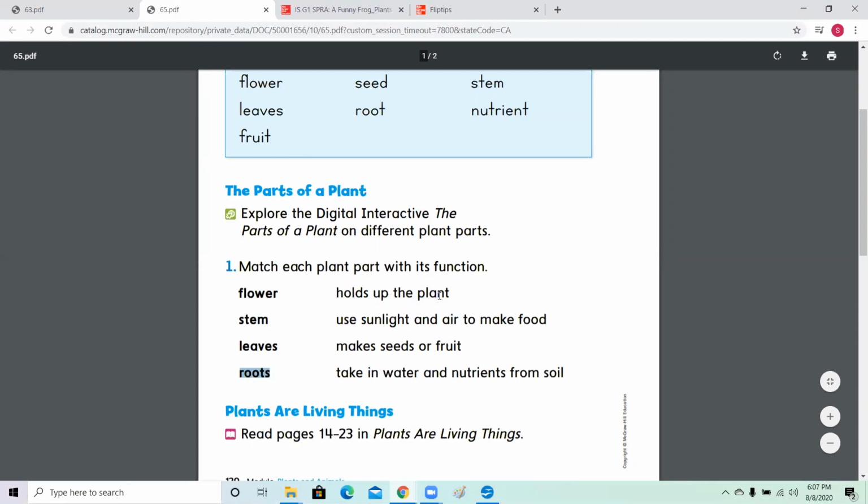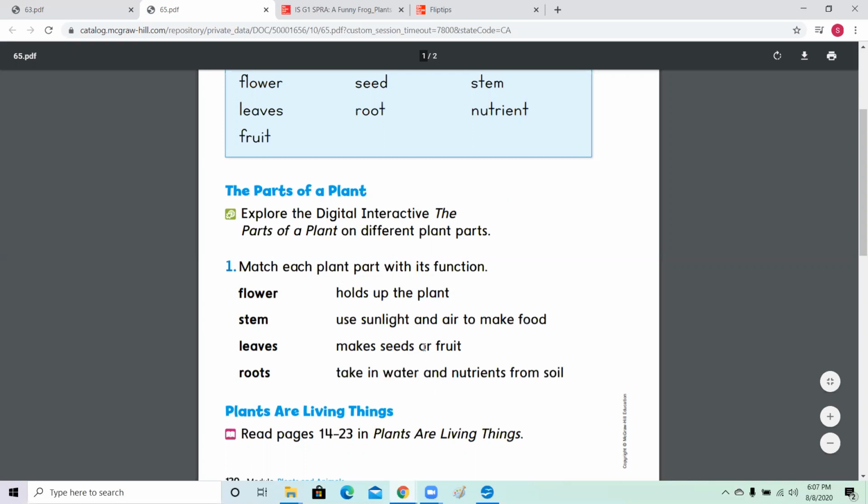Holds up the plant. One of these is what holds up the plant. Use sunlight and air to make food. Makes seeds or fruit.